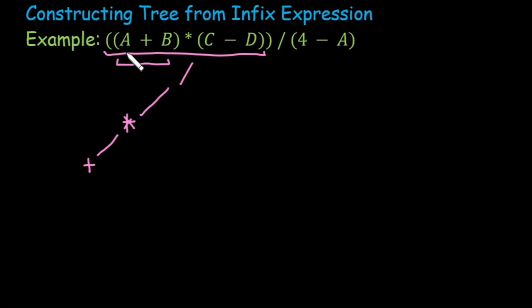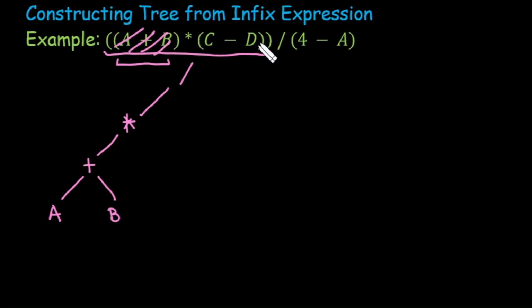On the left side of the plus, do we have any operator? No. It means there does not exist any subtree after this one, but it has a left child, that is A, and the right child is B. Right now we are done with this, so this is the left of the multiplication.